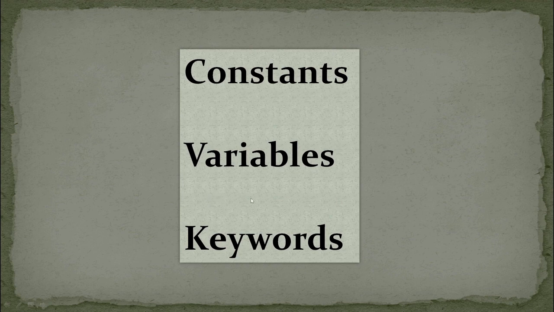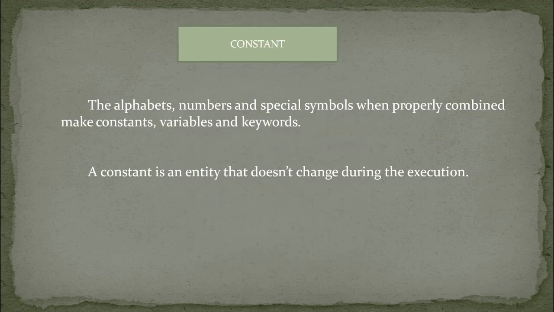Now, in this video, I am going to talk about constant, variable, keywords in C programming language. The alphabets, numbers and special symbols, when properly combined, make constant, variable and keyword. In the first part, I will discuss constant. A constant is an entity that does not change during the execution.